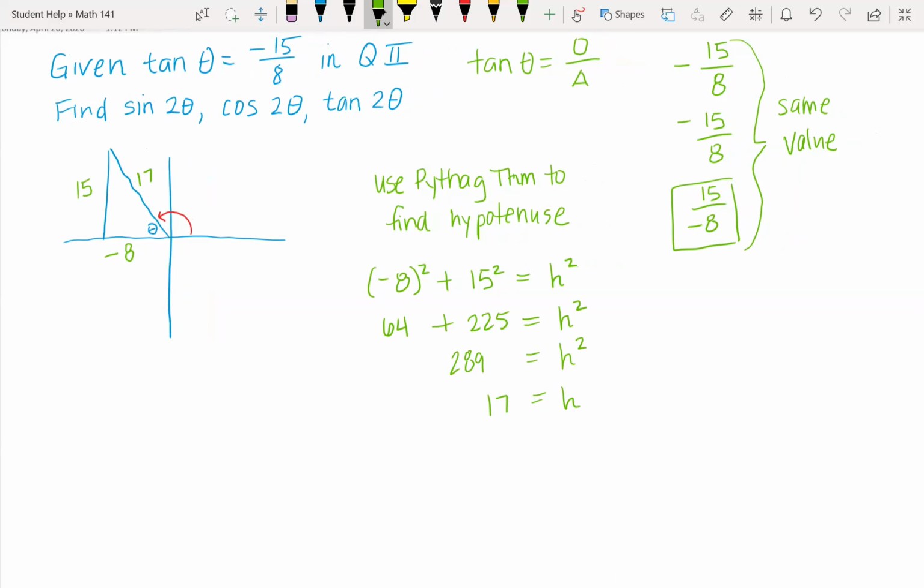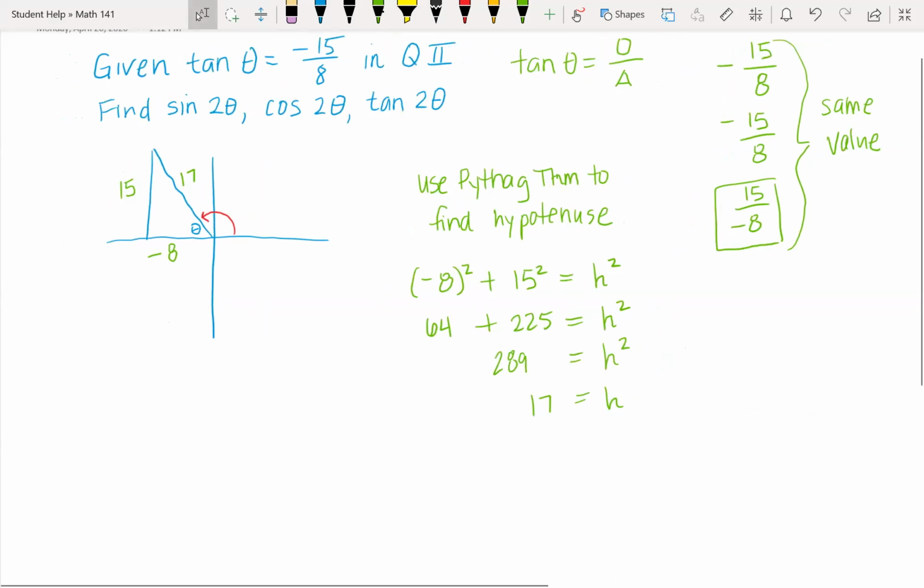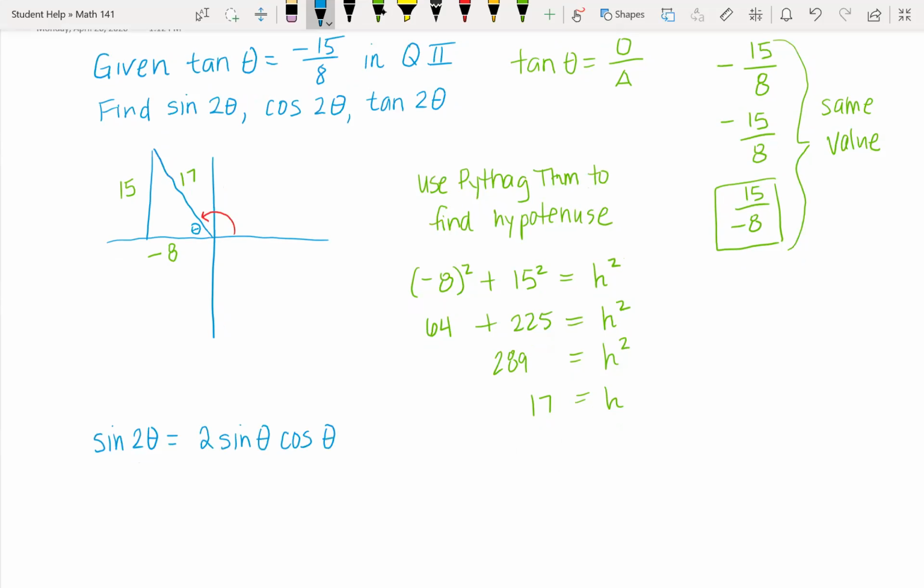Okay. So then what we can do is use some of the formulas that were given to us in this section to find the sine of 2 times the angle. The formula that we have is 2 times the sine of the angle multiplied by the cosine of the angle. Well, the picture that I've drawn here gives me the values of sine and cosine. The sine of this angle is 15 over 17, and the cosine of this angle is negative 8 over 17.